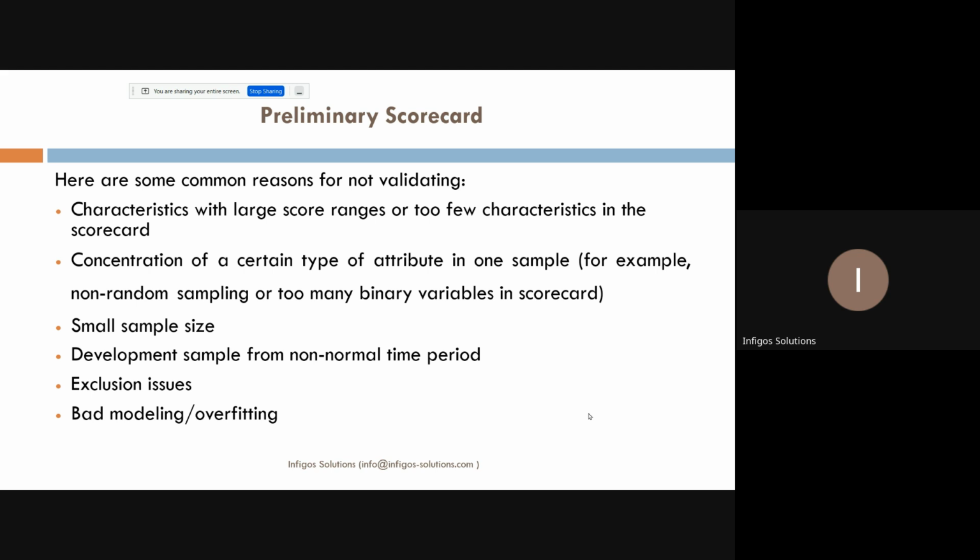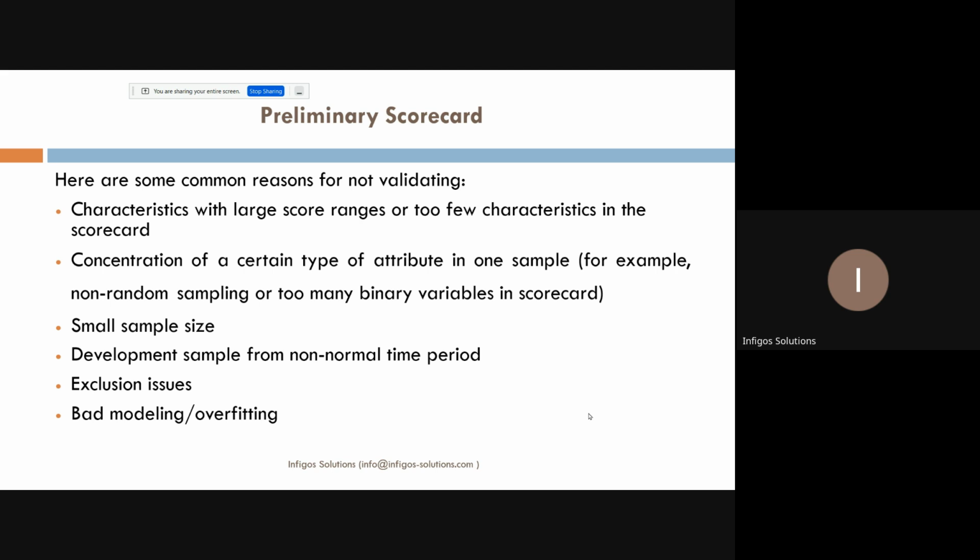For instance, you have people who are very old in age in the sample, or people who are very young in age. If you have this kind of problem, a non-heterogeneous sample, your model will not validate.